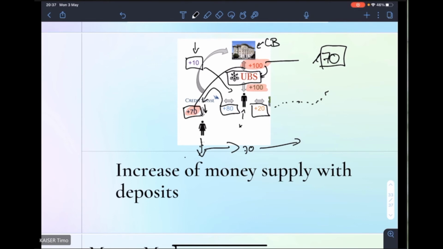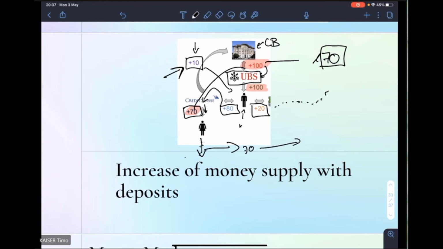Something to remember as well about the money supply is that two main factors influence the increase of money supply. One is the rate of deposits that is determined by the central bank, so how much commercial banks need to keep in their deposits.